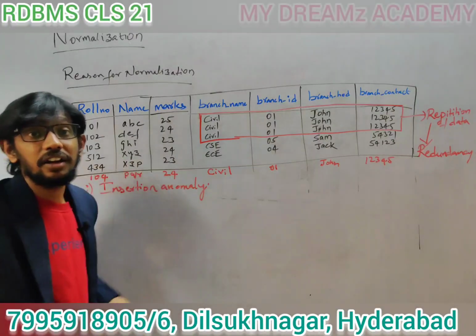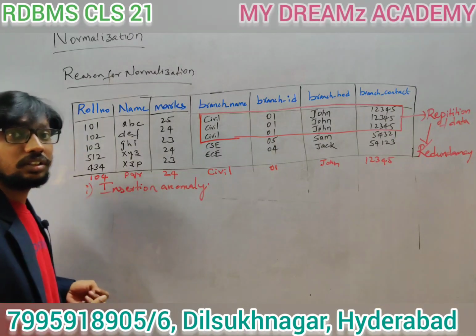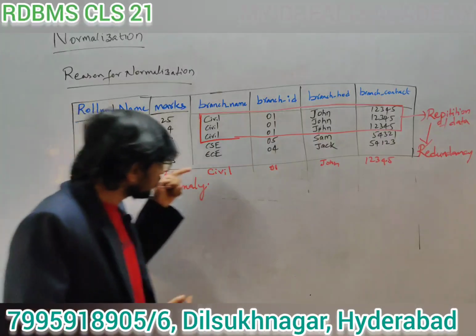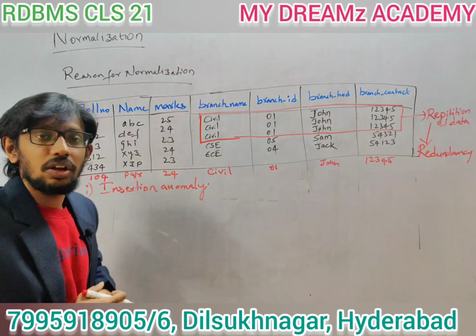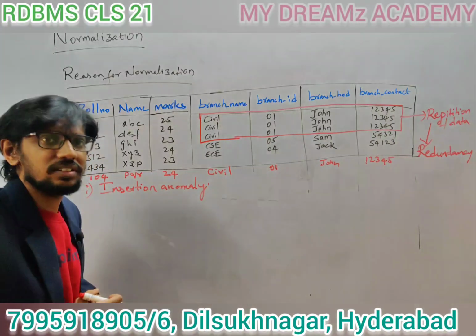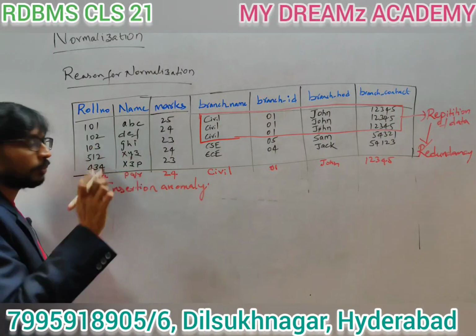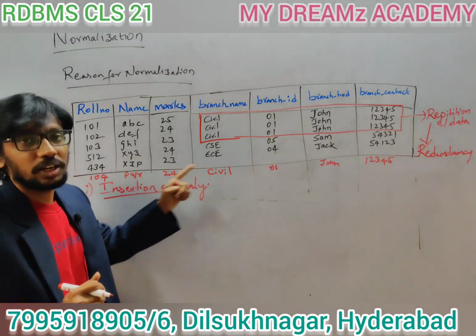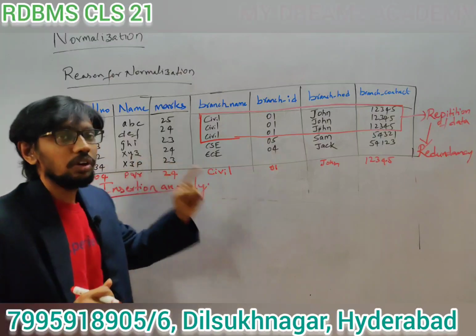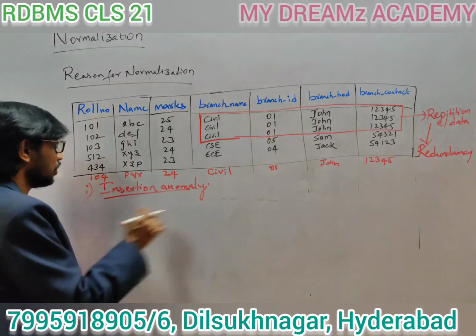Suppose if there are 100 students, thousands of students, what happens? I should repeat this particular information for every tuple, for every student. Now this is a problem. Yes, obviously it is a problem. So that particular problem is called insertion anomaly. Now why did we get that problem? Due to redundancy, right? So that is the insertion anomaly.